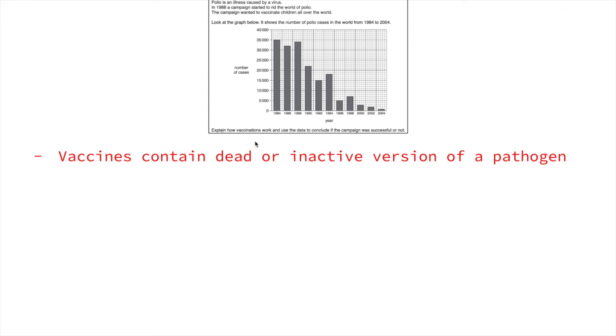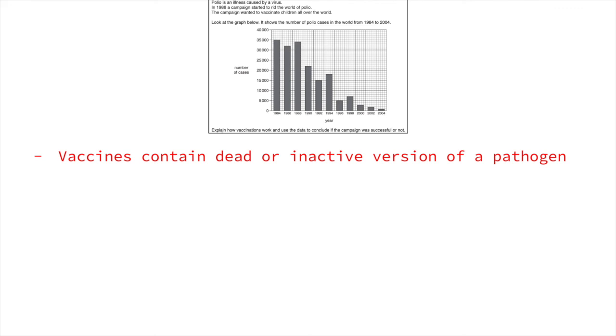So the first thing, it says explain how vaccinations work. This is nice easy money. You're just going to remember how a vaccine works and talk a little bit about it. So key thing, they contain dead or inactive versions of a pathogen. This is your definition of a vaccine. If it's a 1 or 2 mark question, this is what you say.